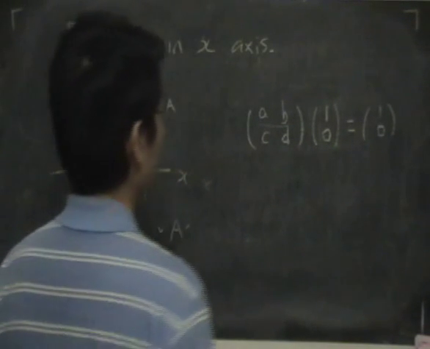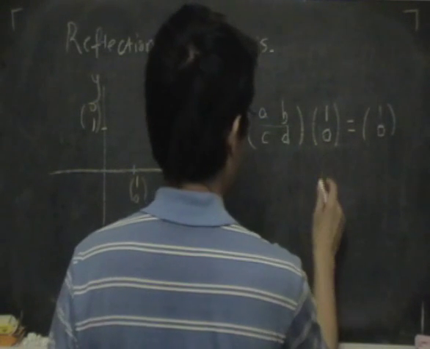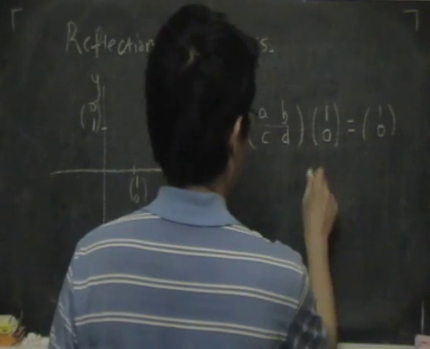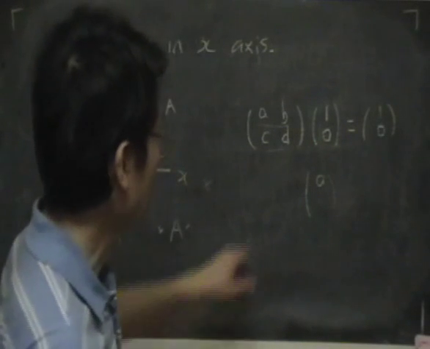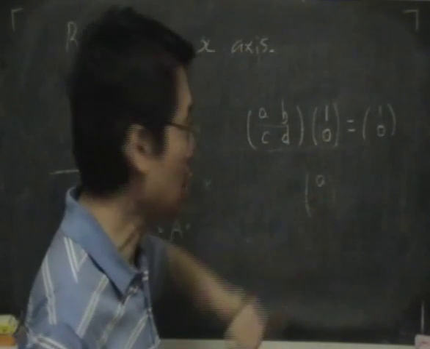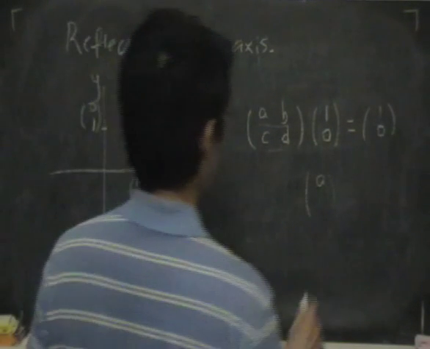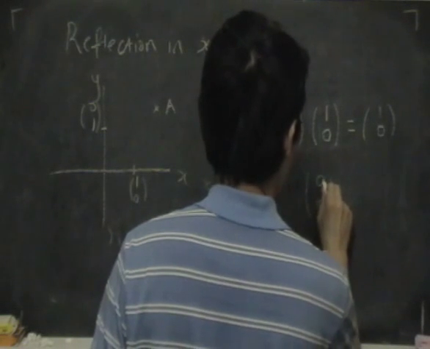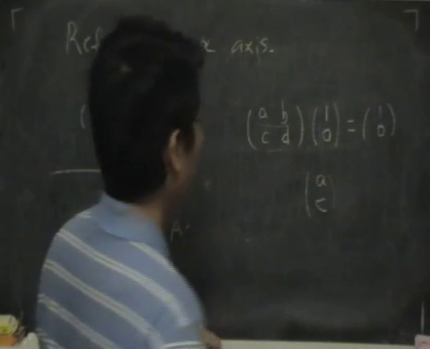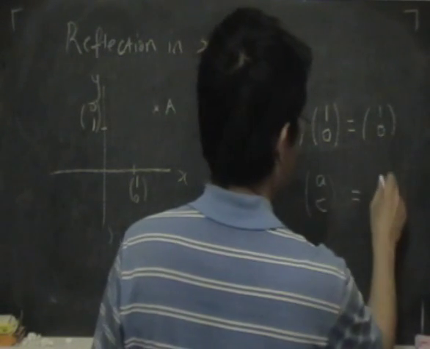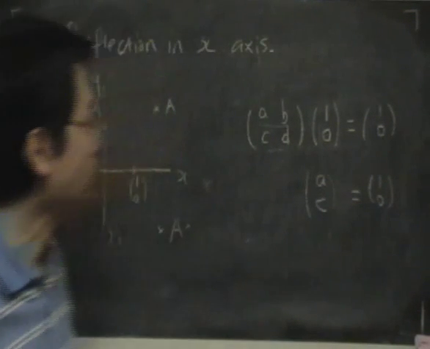So the answer is A plus B times 0, which is A plus 0, which is A. Now second row and column, C times 1, that's C, plus D times 0, which is 0. So C plus 0, C. So the answer for the left hand side is A, C. And this must be equal to the 1, 0, must be equal to the image position.